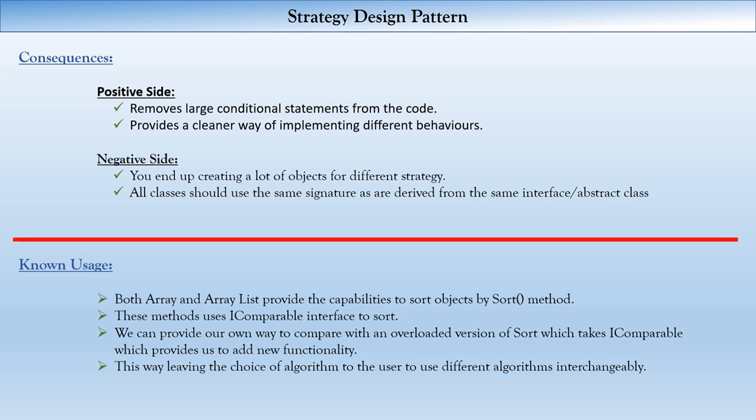So this way, the choice of algorithm is left to the user to use different algorithms interchangeably. We can use either our own custom algorithm or the system generated algorithm which Microsoft has provided us.